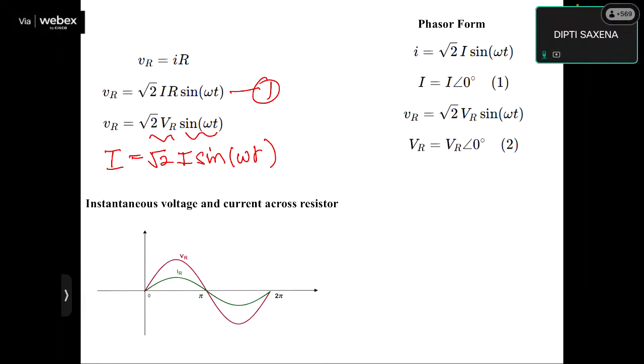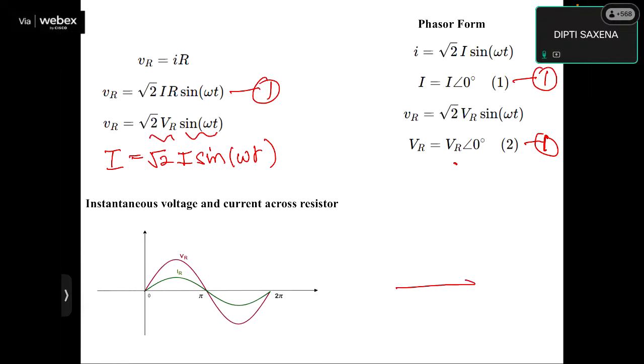Now look at the phasor. In phasor representation, the current is I angle 0 and VR is VR angle 0. That is, there is no phase displacement between the current phasor and the voltage phasor.